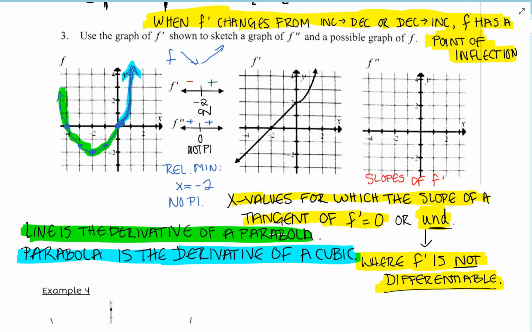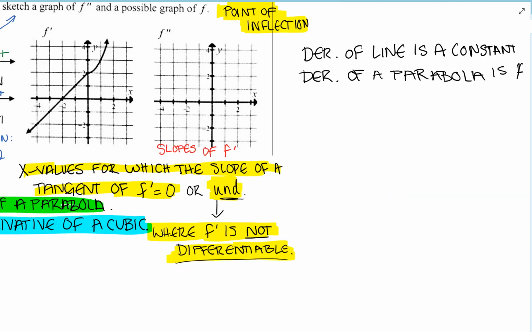So if f prime is not differentiable at x equals 0, then f prime prime will not exist at x equals 0, since f prime prime represents the differentiation of f prime.